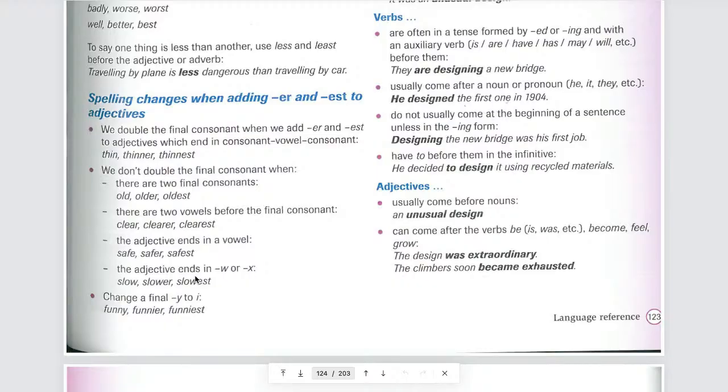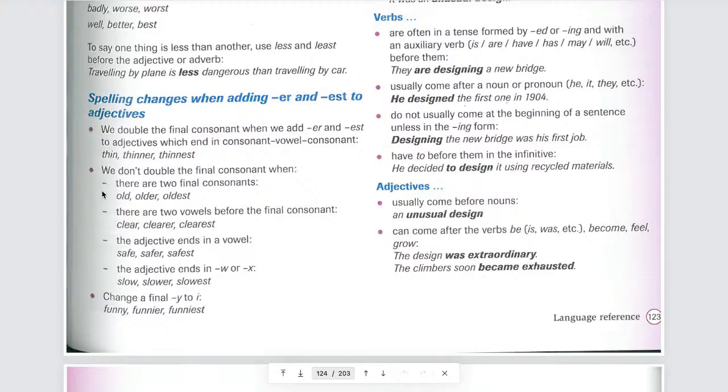You need to double the last consonant. Yes, that's what you need to remember. But if you use these words a lot, you don't even need to remember. You don't even need to memorize all of the rules. No. Because when you see thin, you know, oh, thinner, I need double N. That's it. Because I know that word. You understand?